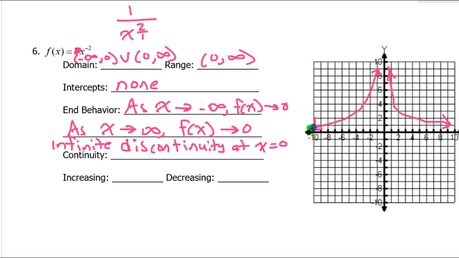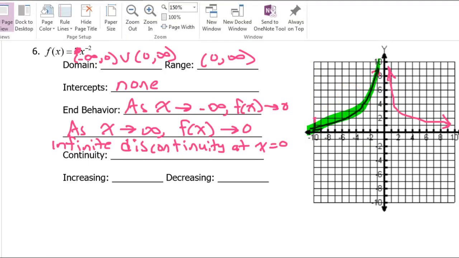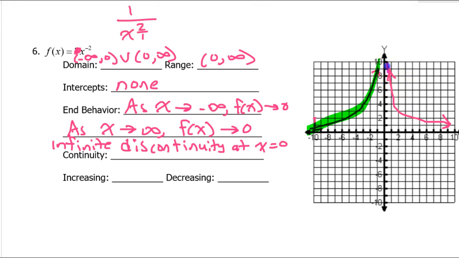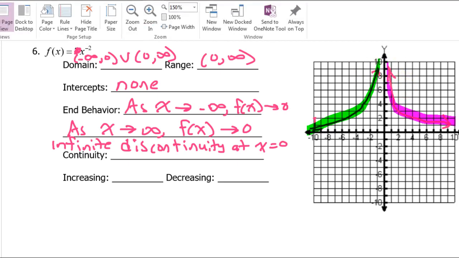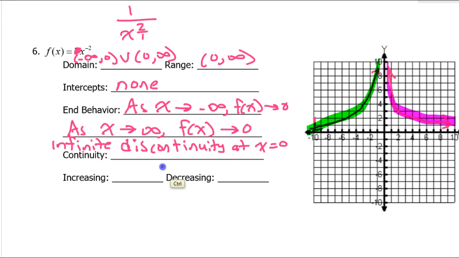Increasing, decreasing. From left to right, this part of the graph is increasing, and then this part of the graph is decreasing. So the increasing interval is from negative infinity to 0. Stick to the x-axis when you do this. So it's increasing from here to here, negative infinity to 0.